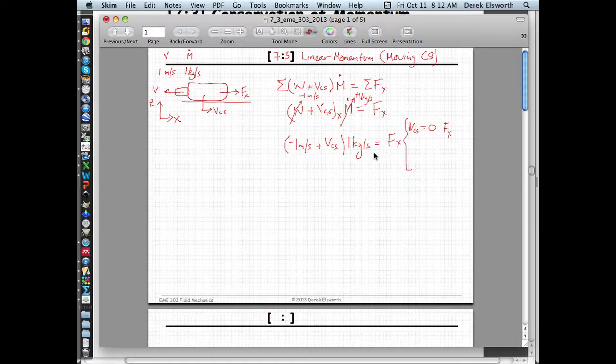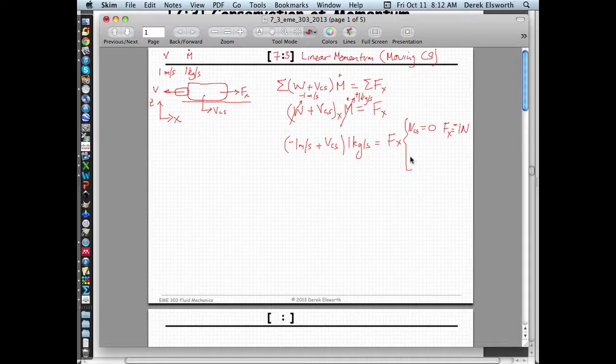Kilogram meter per second squared is a Newton, right? So this is equal to 1 Newton. And there's a minus here, and so this goes here. It's saying that the force you have to apply is a force pushing in the minus x direction to hold it in place. Absolutely reasonable, right? It's pushing against you, you're holding it here, and so you have to push in the minus x direction. This is the force you'd have to apply.